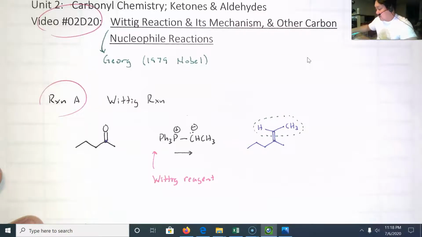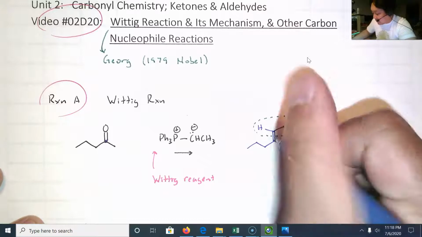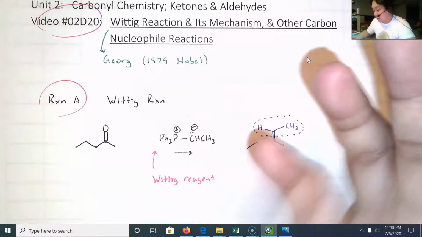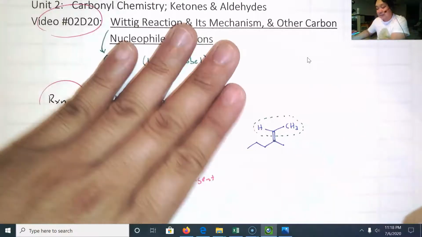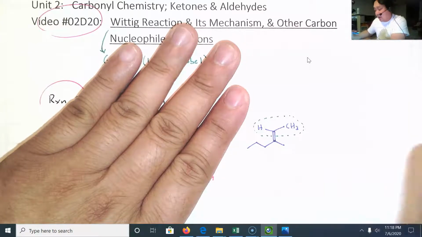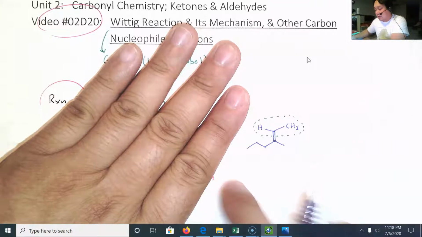This is a very popular reaction in a synthesis problem on an exam because what if you're given this? And the professor may ask you what combination of aldehyde or ketone and Wittig reagent could you use to make this?